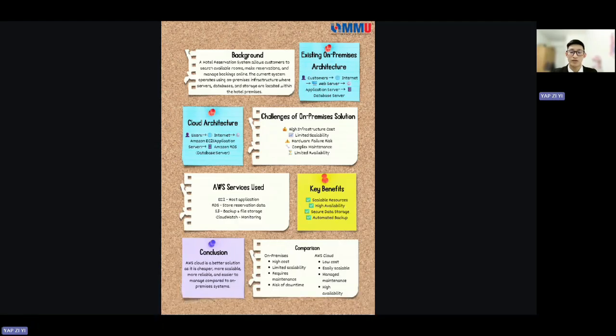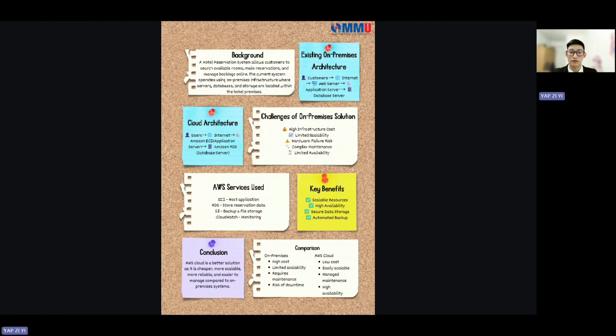Another challenge is hardware dependency. Since the system relies heavily on physical servers and networking equipment, any hardware failure can result in system downtime or service interruptions. This may affect customer satisfaction and hotel operations.